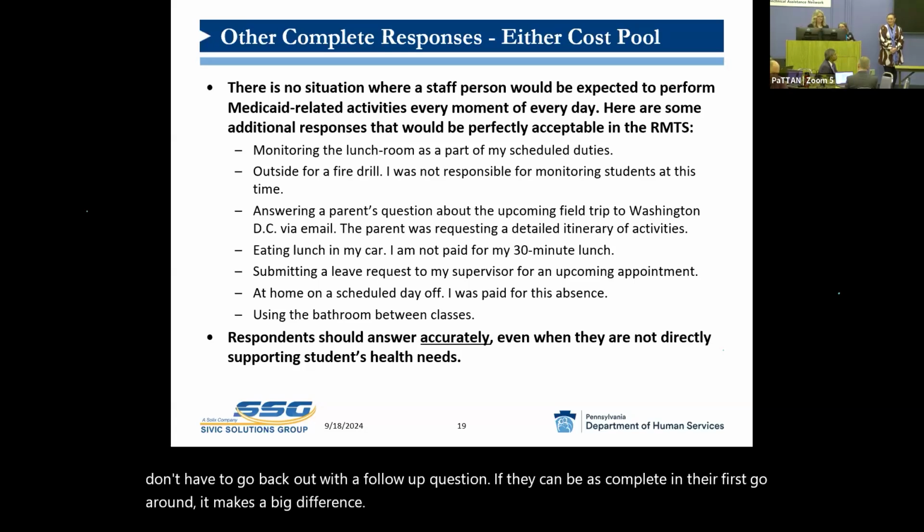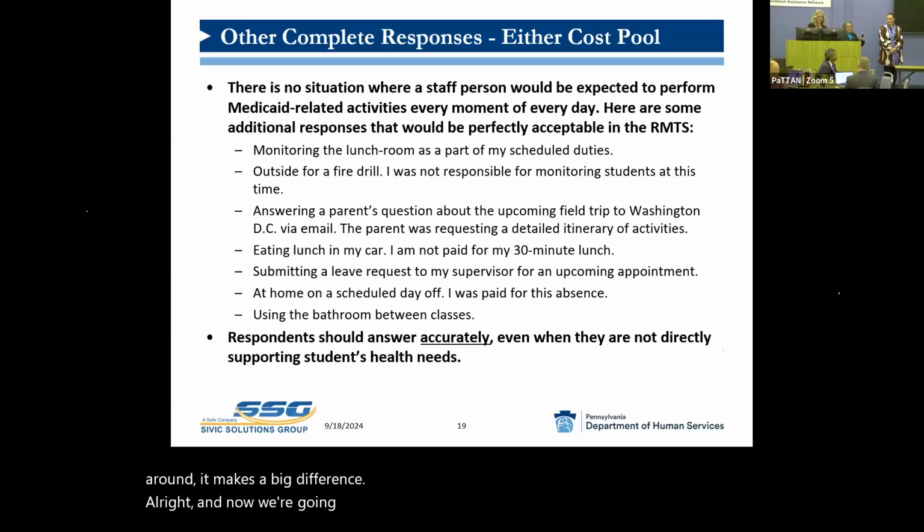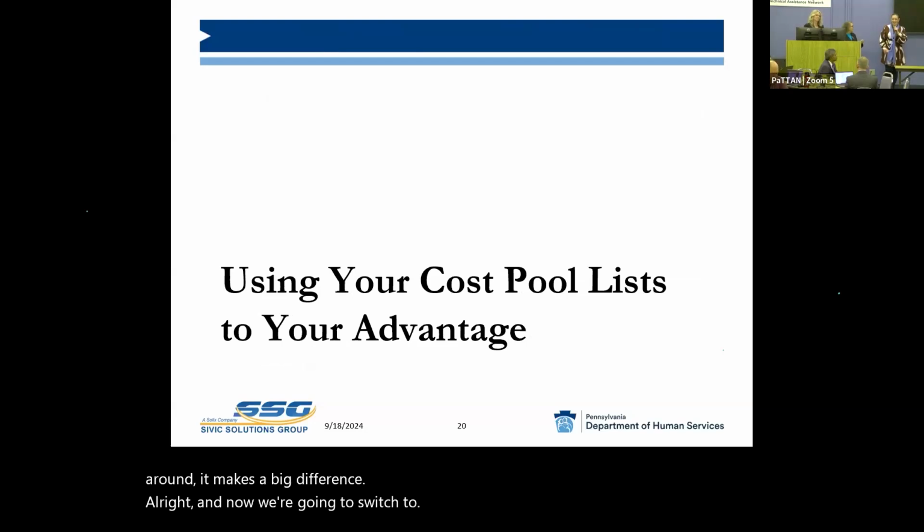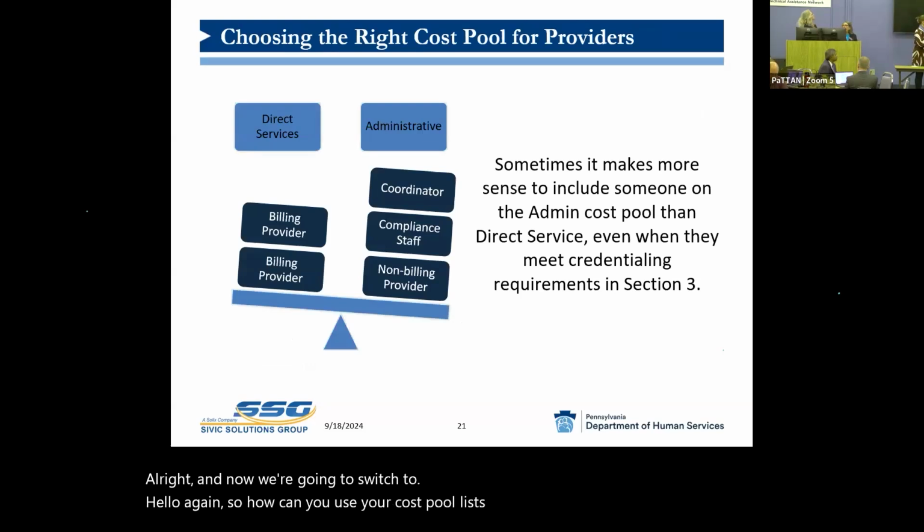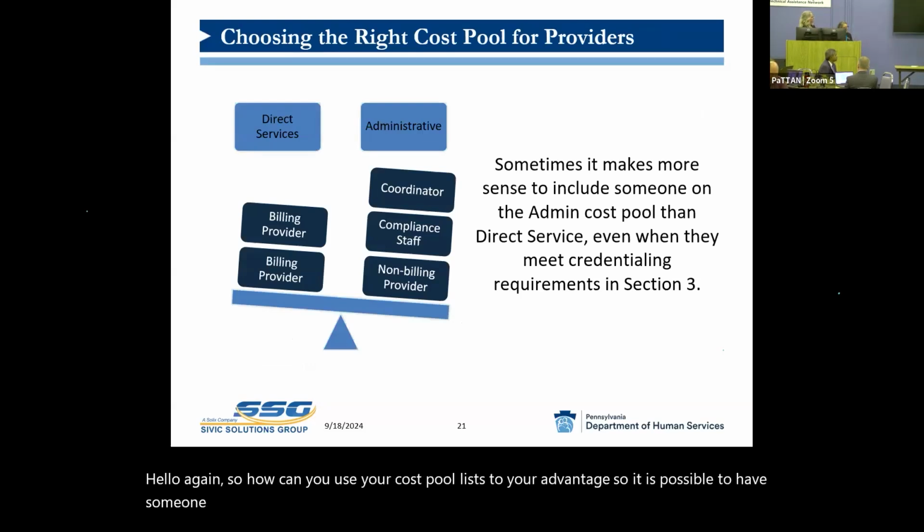All right, and now we're going to switch to Ms. Devon again. Hello again. So how can you use your cost pool lists to your advantage? It is possible to have someone who is properly credentialed within Section 3 of the handbook.